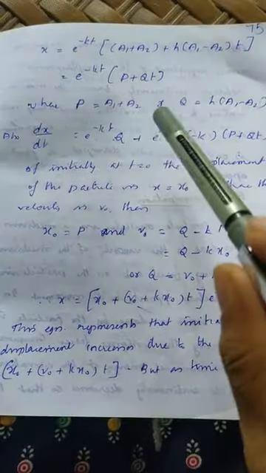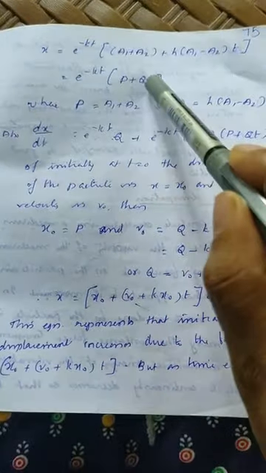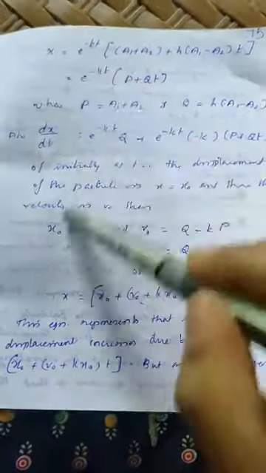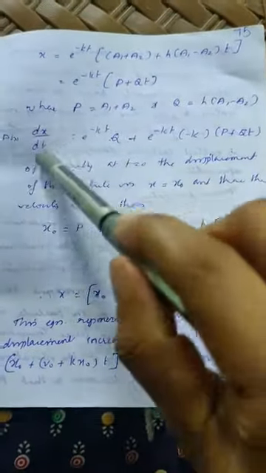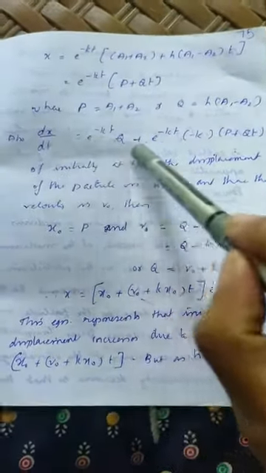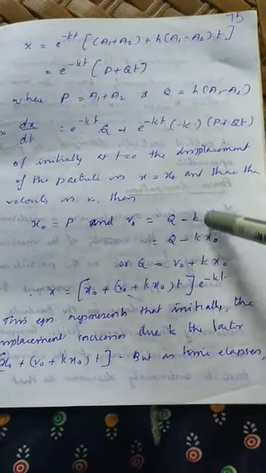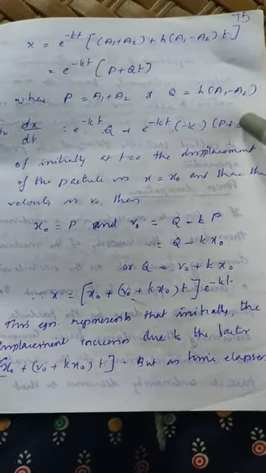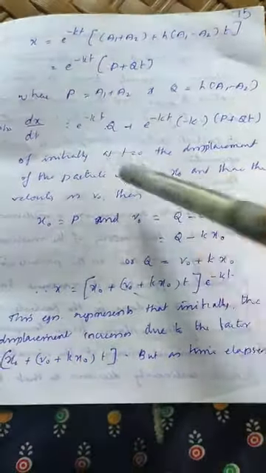then x0 is equal to x0. We are substituting it here at t is equal to 0. t is equal to 0 means this term 1, this term 0, so that x will become p. And v0 is, this is the equation of velocity. dx by dt is the velocity. Substituting the condition of t is equal to 0 here, we will get v0 is equal to q minus kp. At t is equal to 0, this term will go, this term will be 1, and this term will be 1, so that in the first term q remains, and in the second term minus k into p.